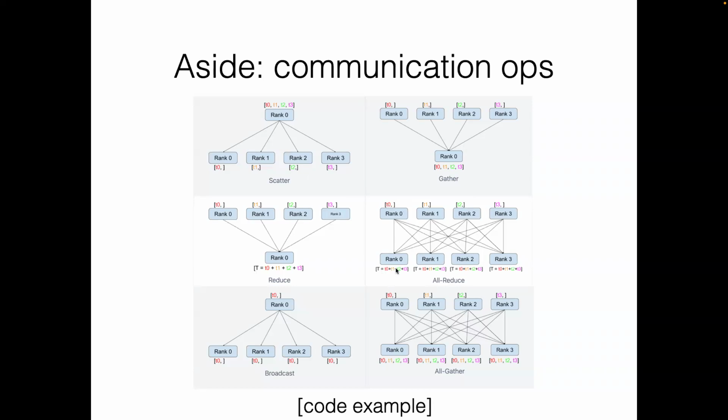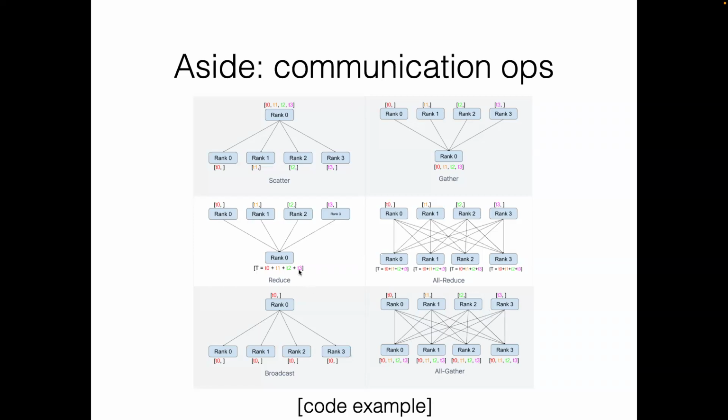In general, you don't have to use the sum. You could use other reduction operations. And then you have other types of operations like all gather. This one will actually be relevant later. You could see that here it's just gathering the data from multiple GPUs or multiple devices.